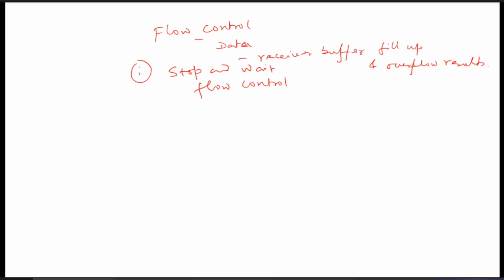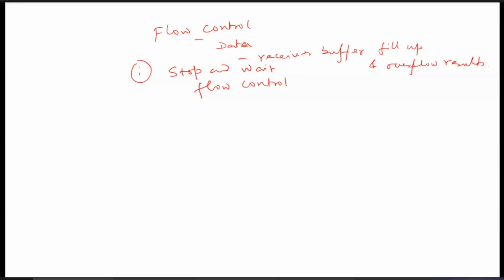That means as soon as the receiving entity receives the data, if it is ready to accept further frames, then it will send the acknowledgement, just saying that it has received the data and is ready to receive the next frames.